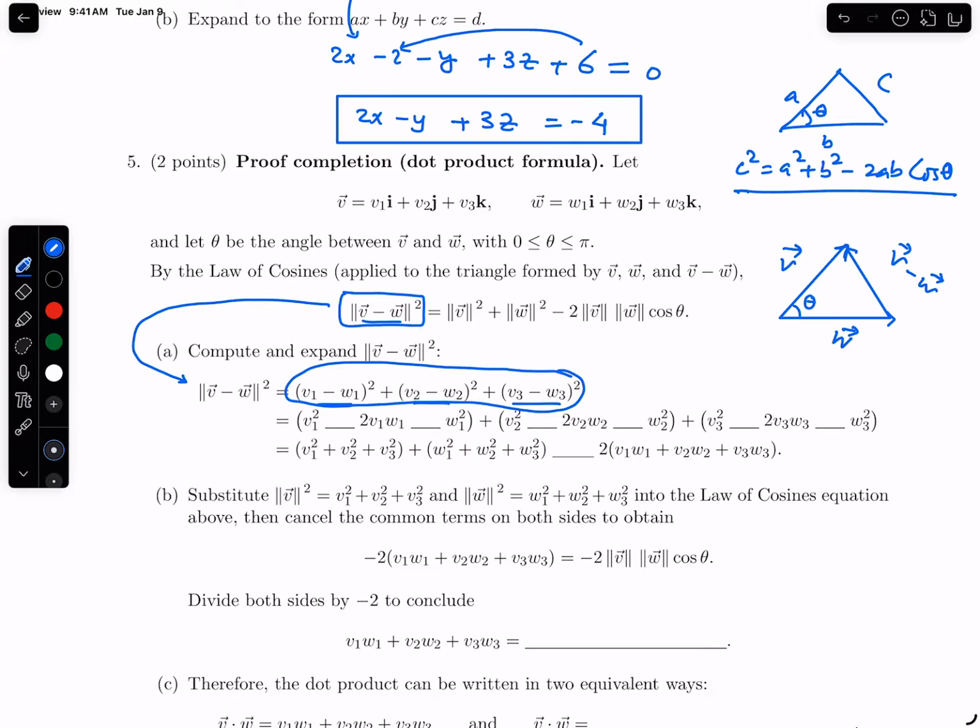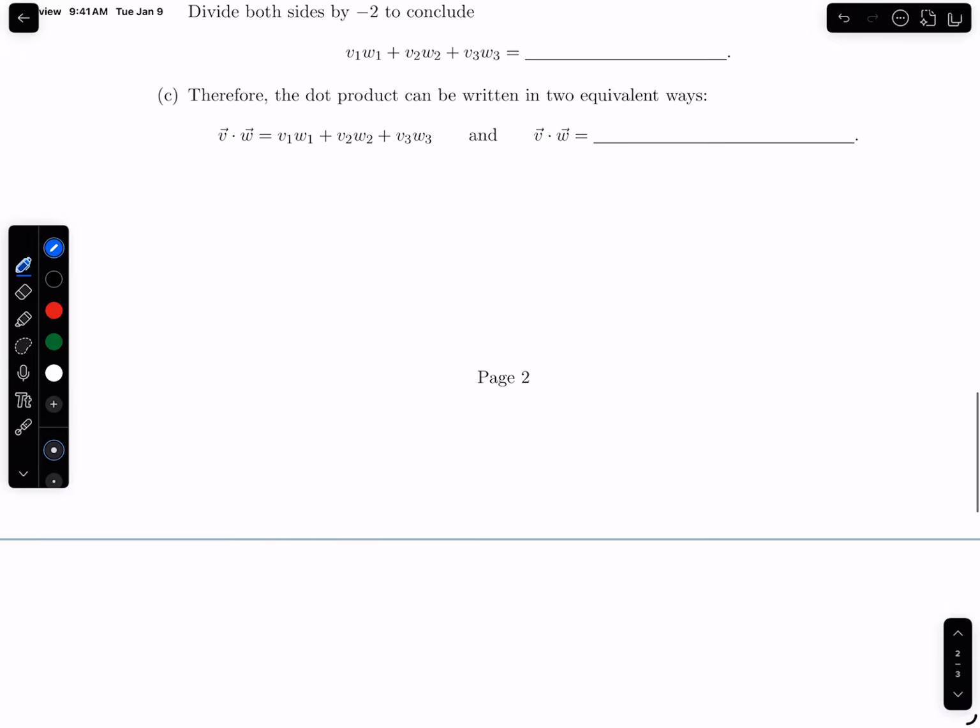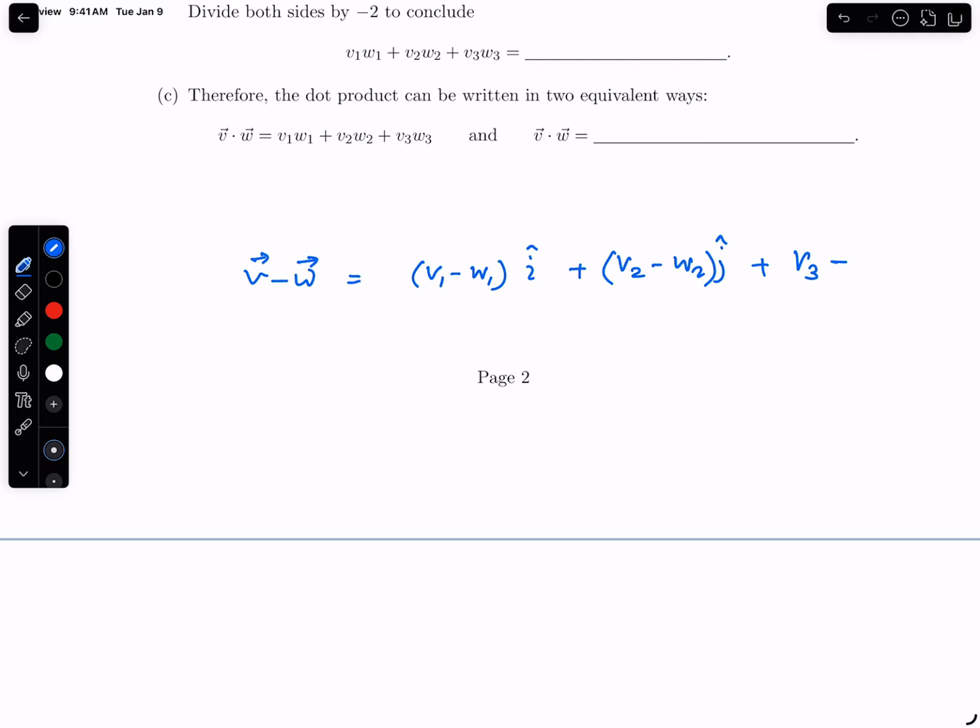Now this thing is really simple to understand. I can show you. First of all, what is v minus w? V minus w is v1 minus w1 in the i component, v2 minus w2 in the j component, and v3 minus w3 in the k component. So what is its magnitude?